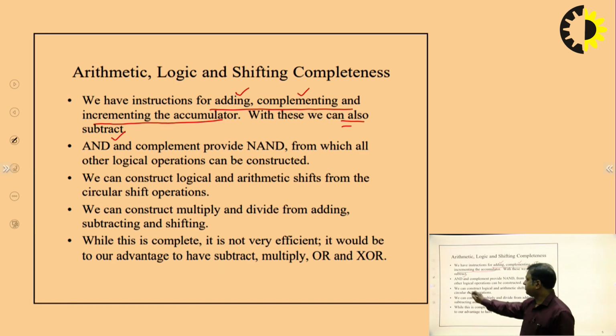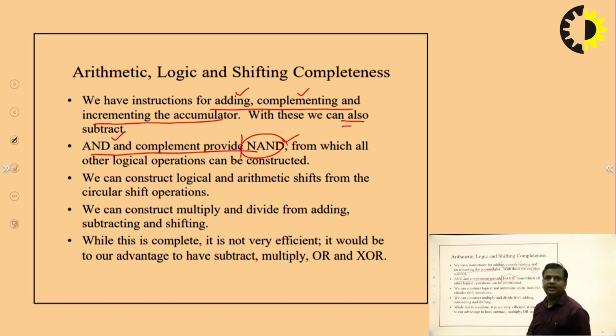Similarly, AND and complement. If we have the logical operations AND and complement, then we can create a NAND just by using the complement of AND, right? And we know that NAND is a universal gate, or the universal logic operation.